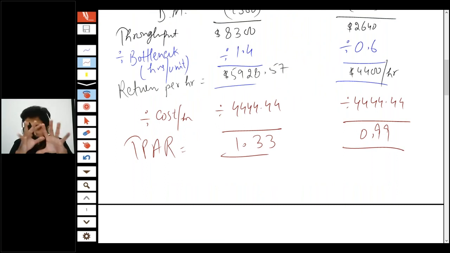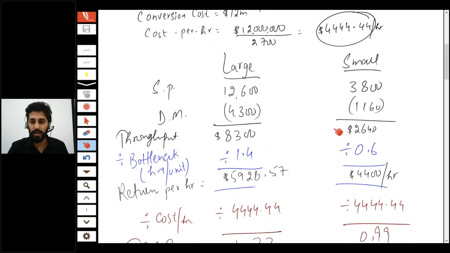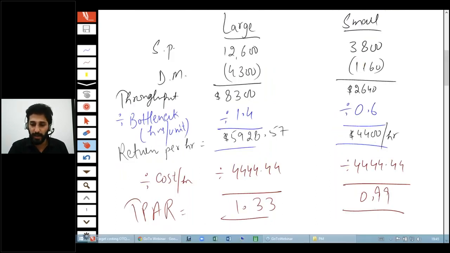Now, the next requirement is the optimal production plan. Remember that the product with the highest TPAR will be produced first, which in this case is the large panel, not the small panel, right?